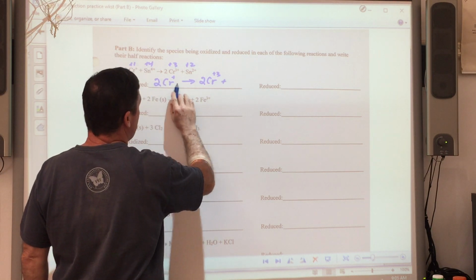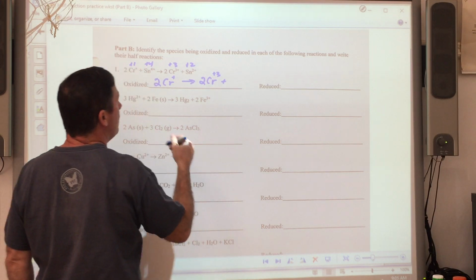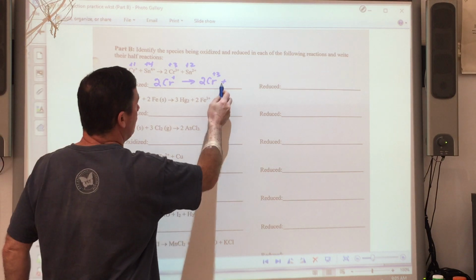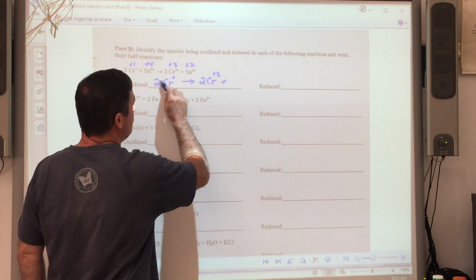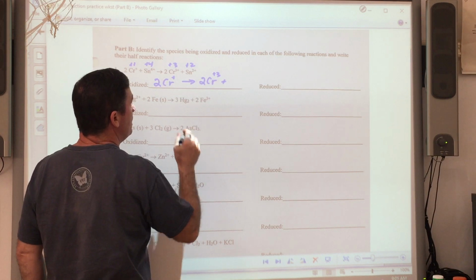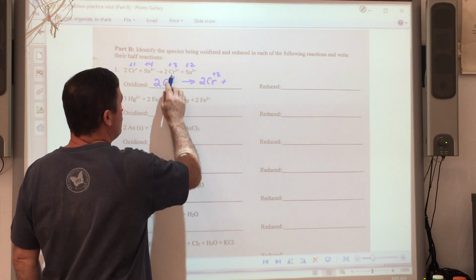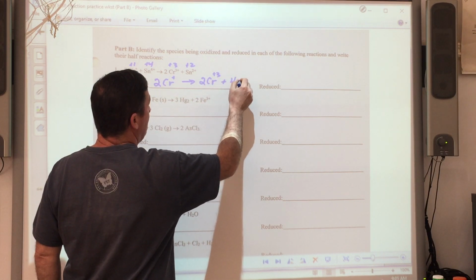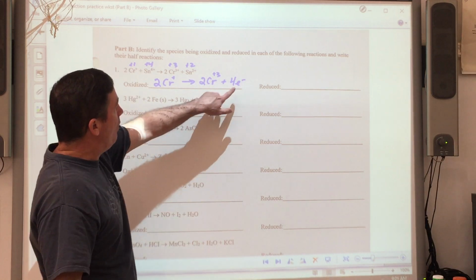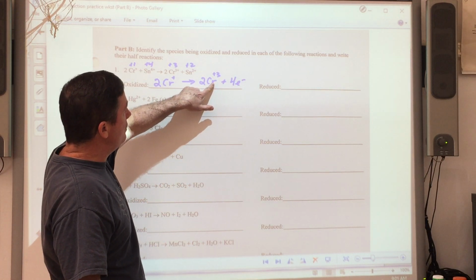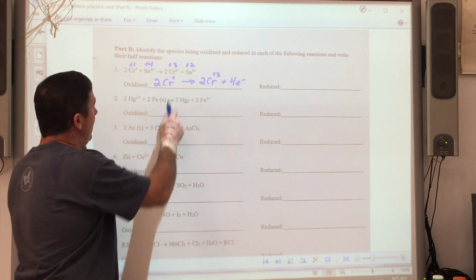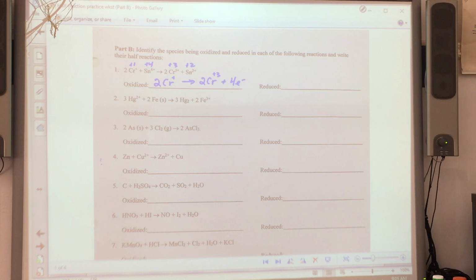So this is losing electrons to become more positive. If I lose something negative, I become more positive. Okay, so how many do we need to lose in order for these 2 sides of the reaction to be electrically the same? I've got positive 2 over here, positive 6 over here. I need 4 electrons. So 4 negatives and 6 positives makes for 2 positives. Okay, so that's how this half reaction would be balanced.